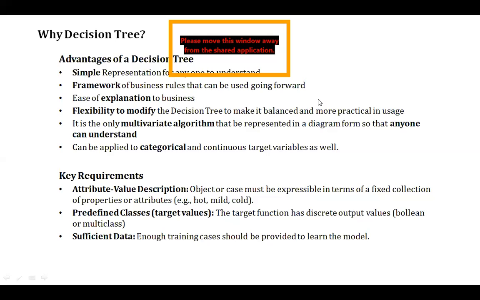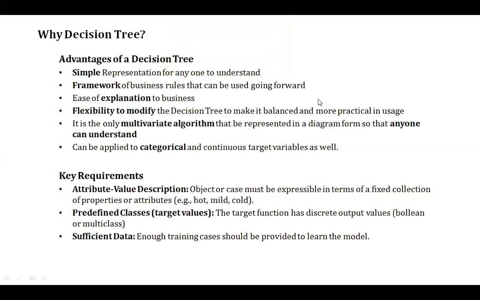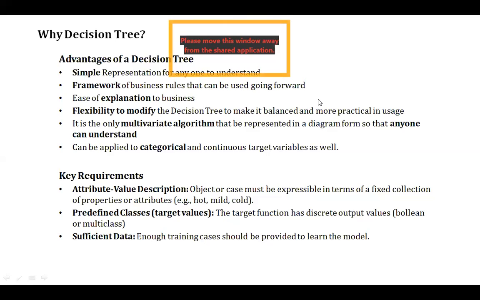And the main thing is that the decision tree concept is based upon the attribute value description. So what does attribute value description mean? Let me give an example. If you have a data set, it can be classified into hot, mild, or cold. For example, this data set is related to the climate.